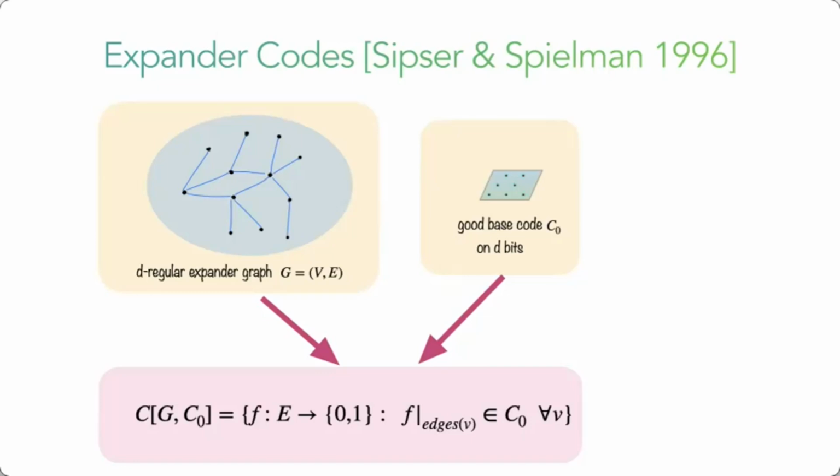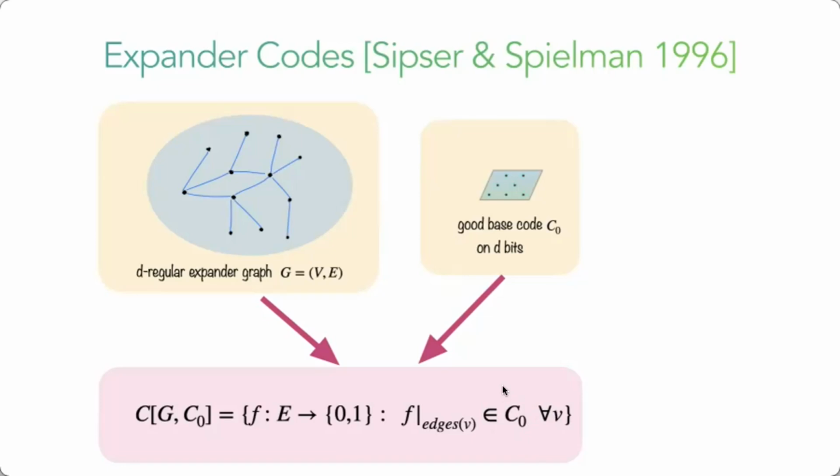That's the definition of the code. Now, if you want to know whether this code has rate, whether this code has distance: firstly, with regards to the rate, it turns out that if the dimension of C naught is strictly larger than D over 2, remember, this is a subspace in a D-dimensional space.